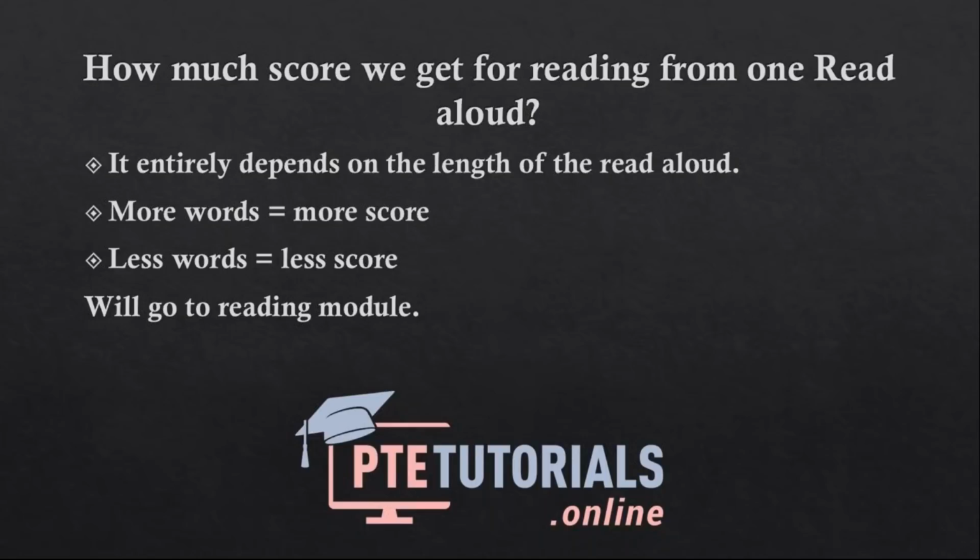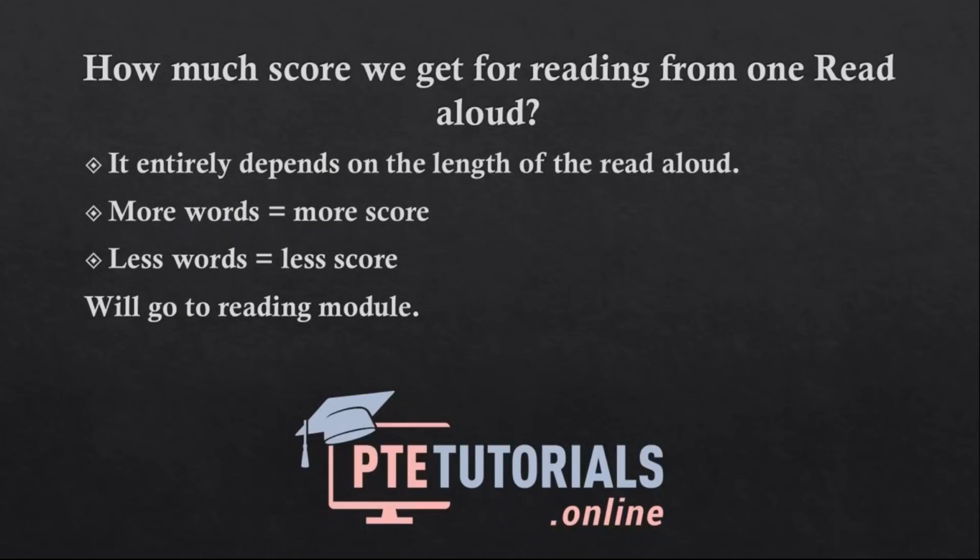Reading score is not 90. It is not 80 plus. Reason? Listen to me carefully, it means that you haven't gotten a lot of marks from your read alouds into your reading module.